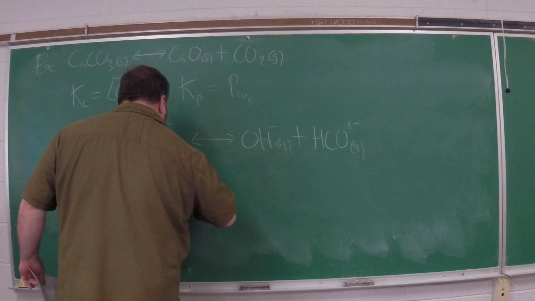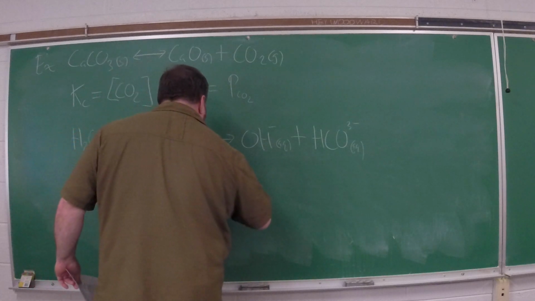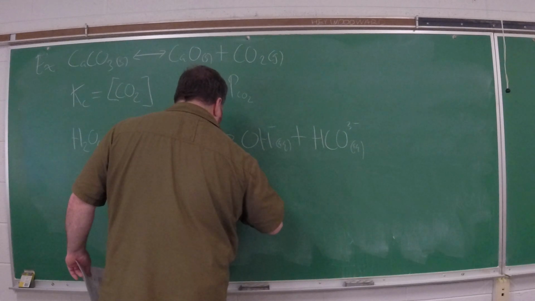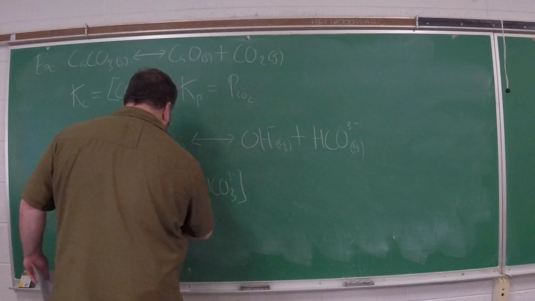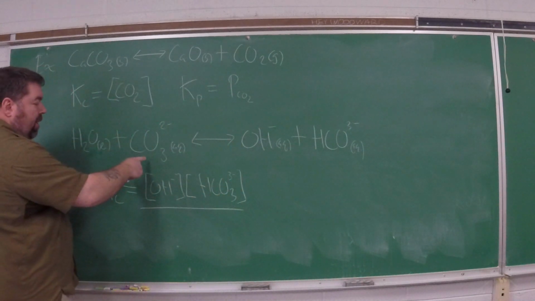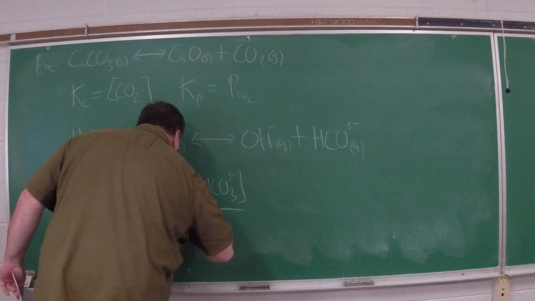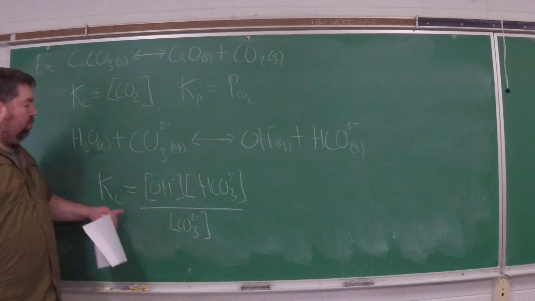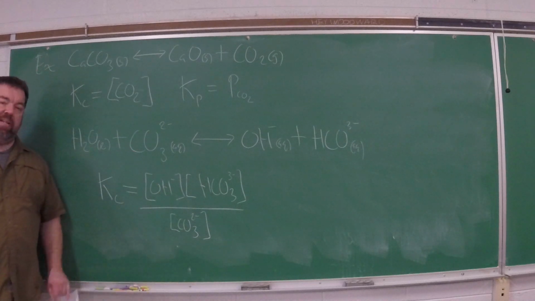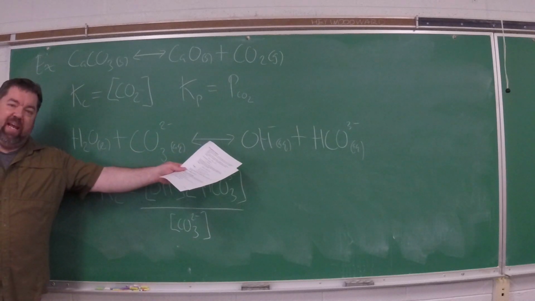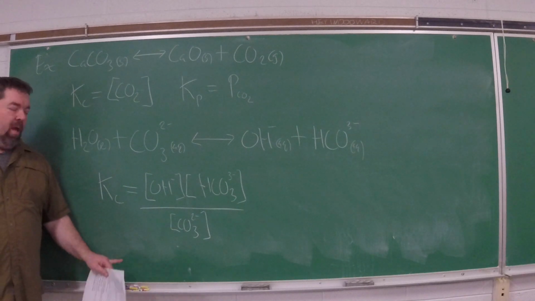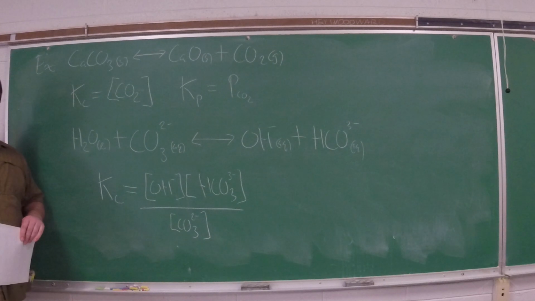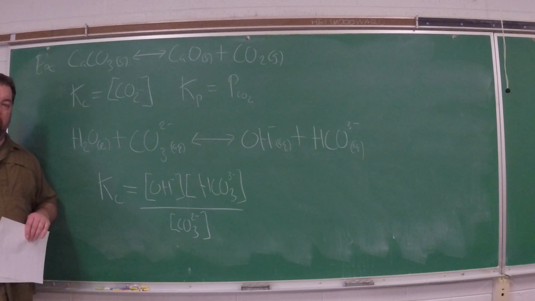So concentration of OH minus times concentration of HCO3 minus, all divided by the concentration of CO3 2 minus. Just like that, right? There's no Kp for this one, this is aqueous. So you can't have partial pressures. But again, note, liquid is left out, right? Solids and liquids do not appear in equilibrium expressions, right?